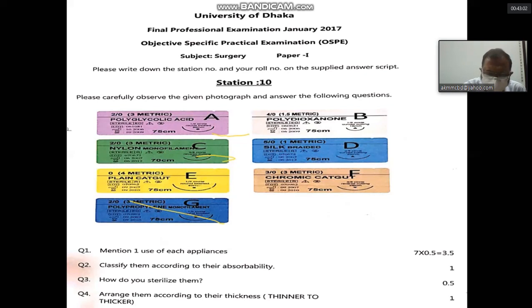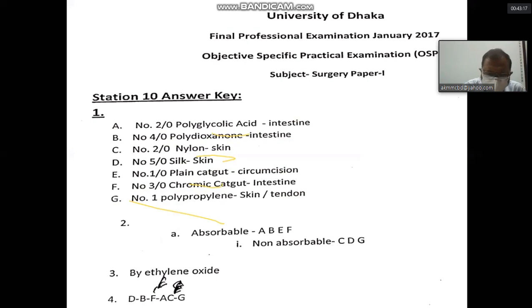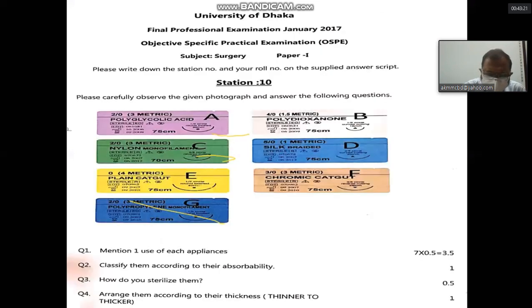Number A, what is the name of number A? Sir, A is Vicryl, polyglycolic acid. You have to say properly, that is number 20 polyglycolic acid. Okay. Number B is 20 nylon, that is monofilament.